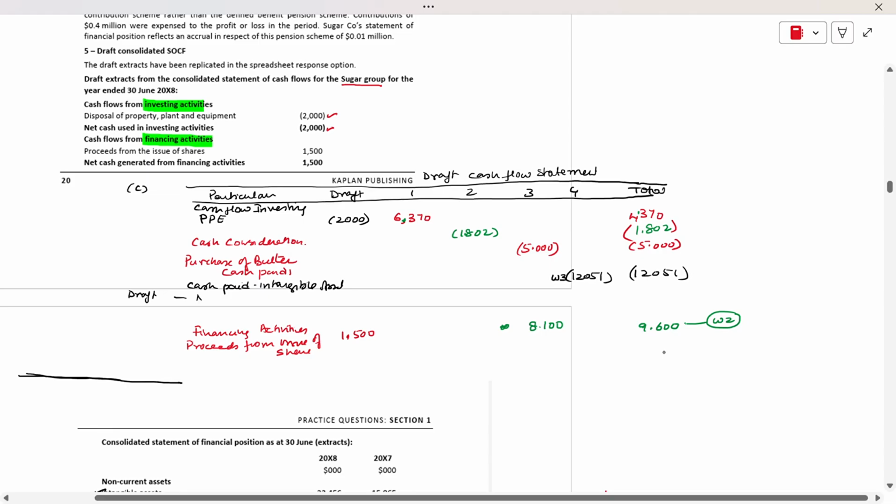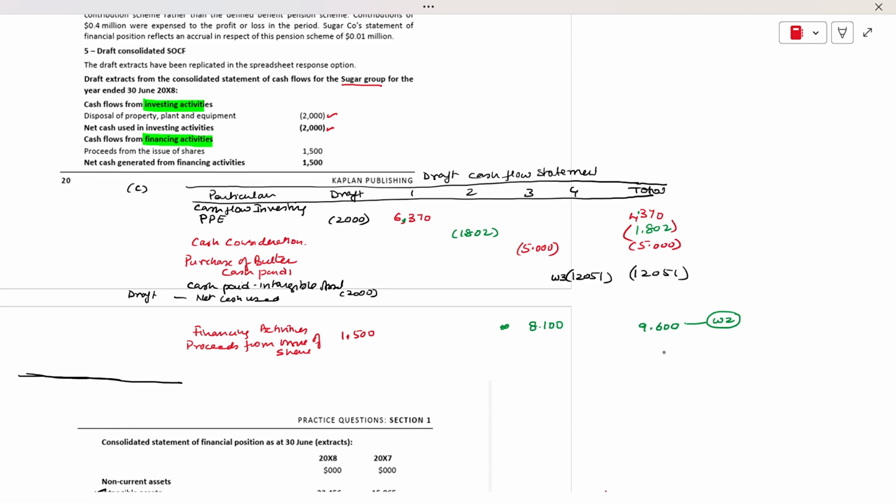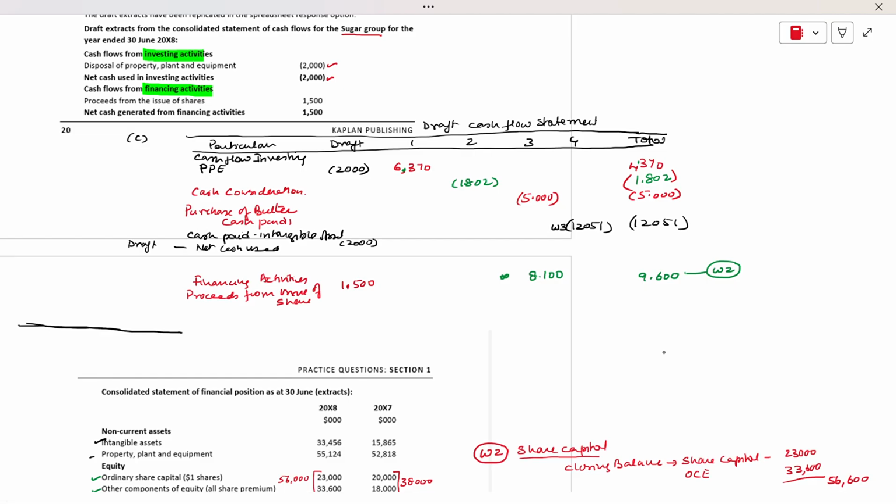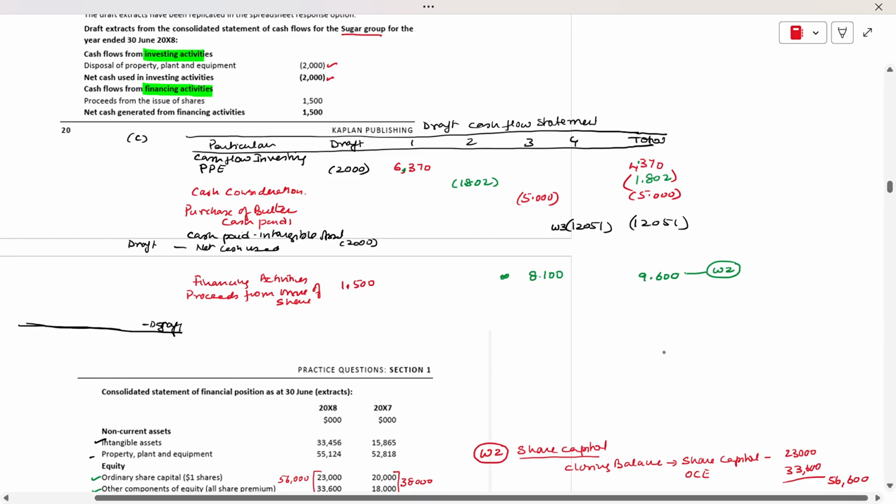Net cash used. It is how much? 2000. Okay, net cash used. As per the draft we are taking. We are not doing anything else. Okay, here also net cash generated, draft. Okay, draft is how much? Net cash from financing.